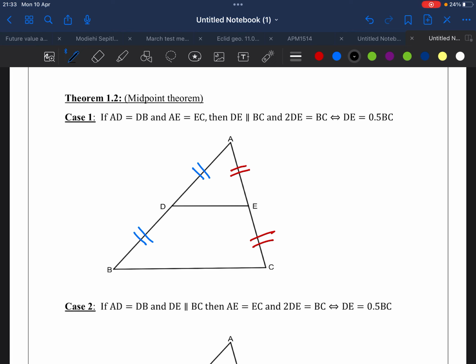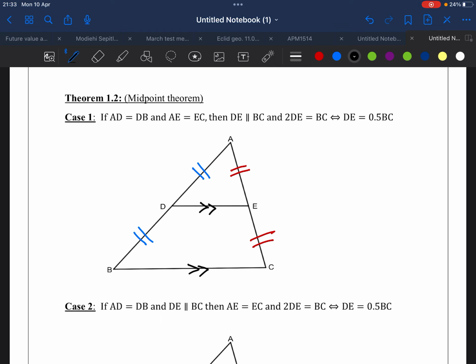We know that DE is parallel to BC. So if AD is equal to DB and AE is equal to EC, then this implies that DE is parallel to BC there.